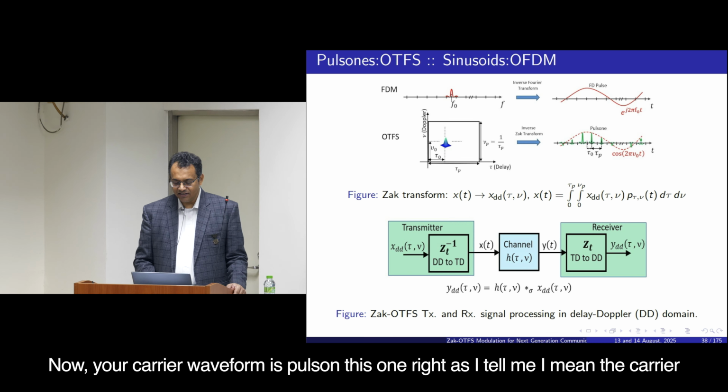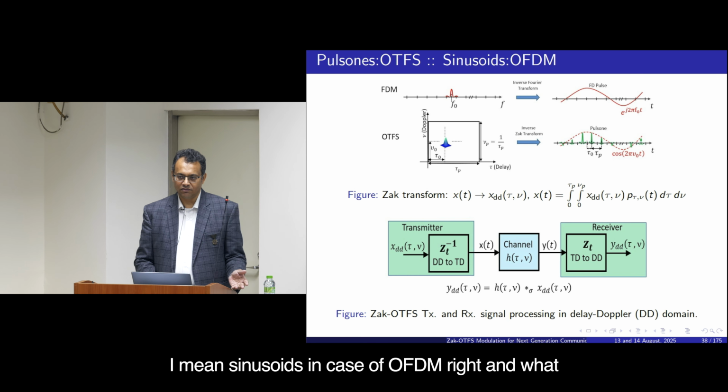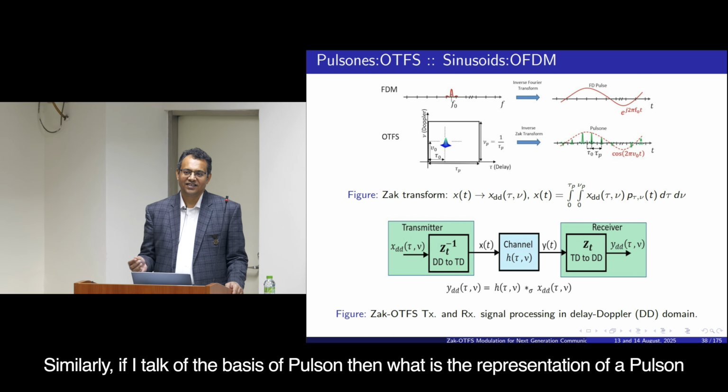Now your carrier waveform is pulson, right. The carrier waveforms in case of OFDM are sinusoids, right. And what is the representation of sinusoids in the frequency domain? It is a narrow pulse, it is a Dirac delta, right.